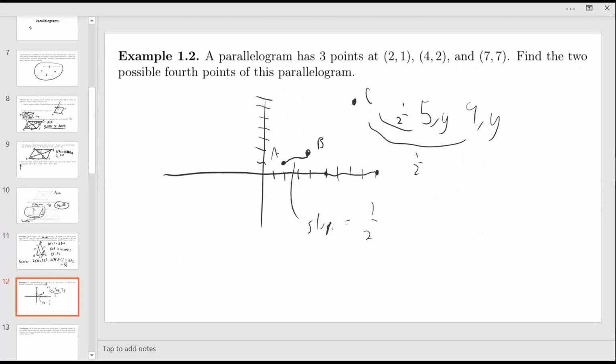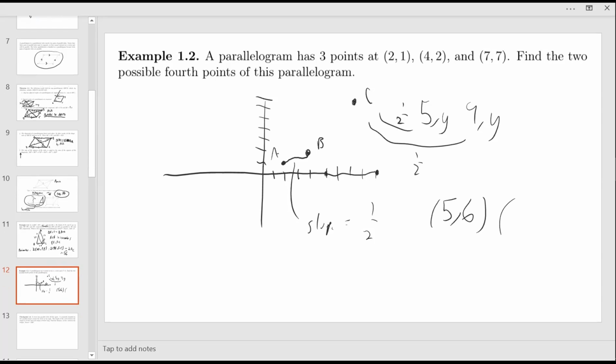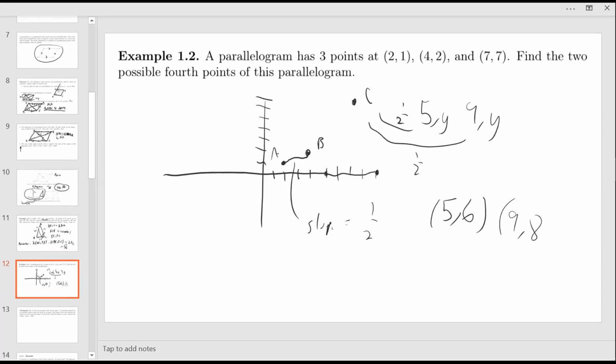I'll save you some of the arithmetic details, but if you do these calculations, you find that the y value for the point having x coordinate 5 is 6, and the other point must be (9, 8).